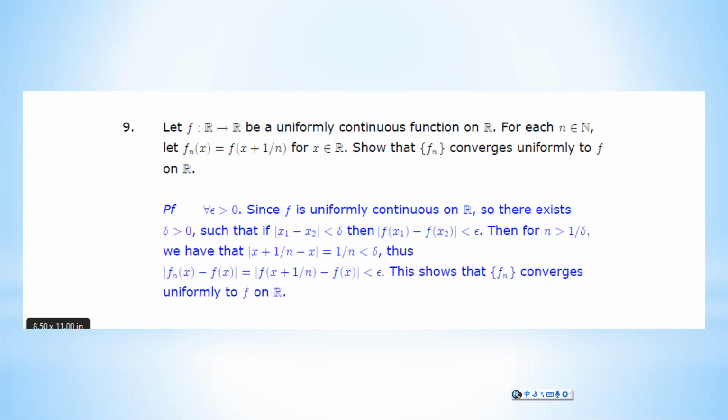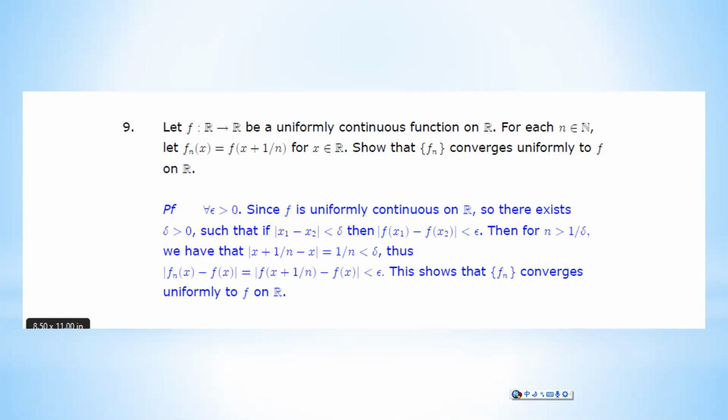So this means that fn minus f is really the difference of the same function at two points differing by 1 over n, which is also less than delta. Therefore, everything reduces to the fact that f is uniformly continuous. So this shows that the sequence of functions fn actually converges uniformly to f on R.